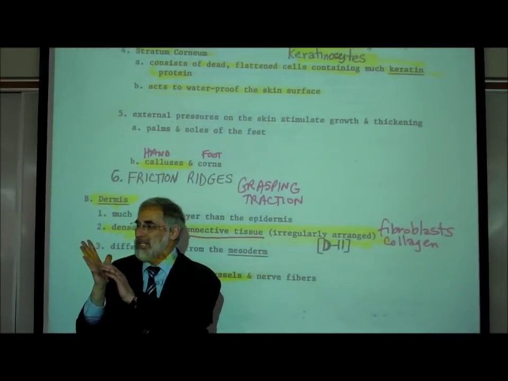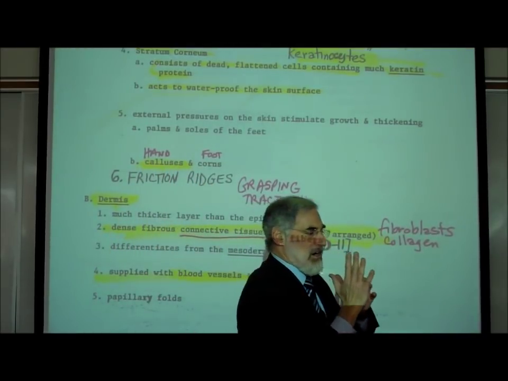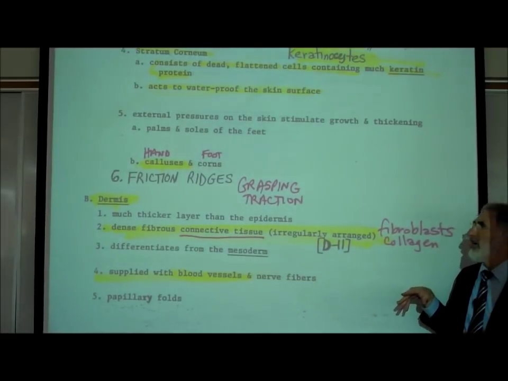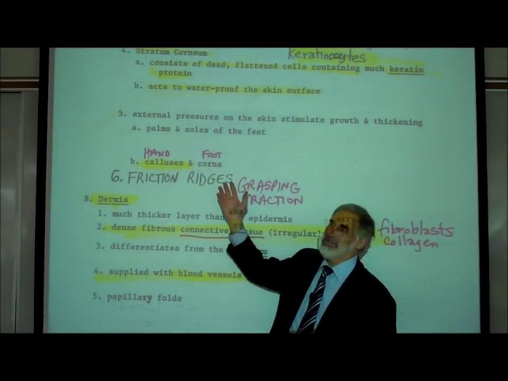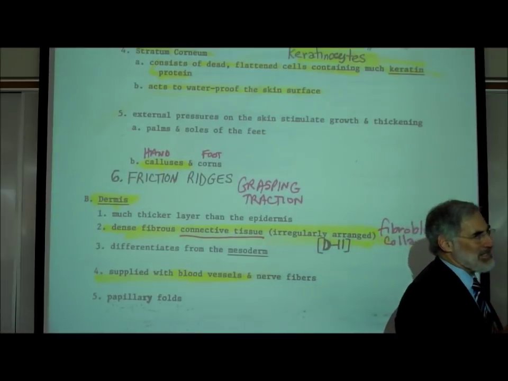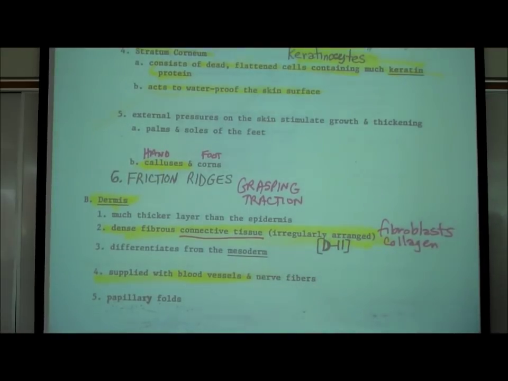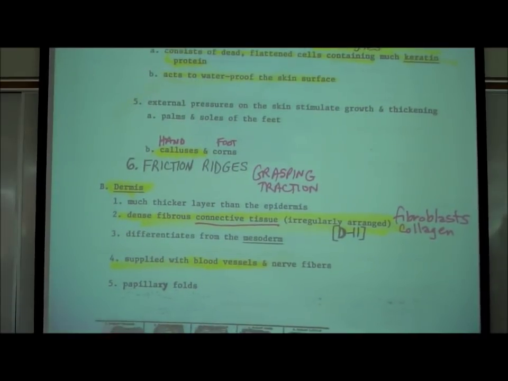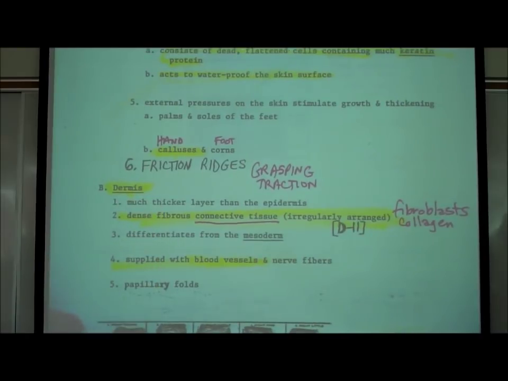Incidentally, while we commonly call the thickening on our hands calluses, the thickening of skin on our toes is usually called corns. But it's the same idea. A corn is a thickening of the skin on the foot, and a callus is a thickening of the skin on the hand.